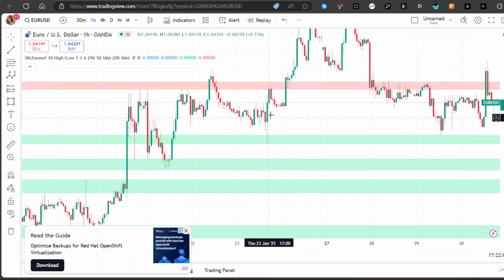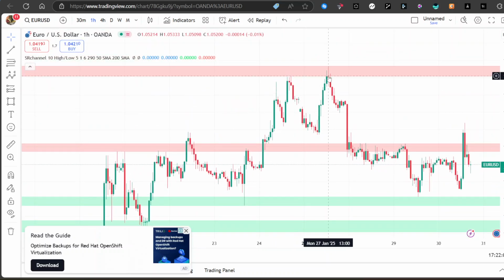Similarly, if price is nearing a resistance and then you spot a bearish pattern, it might be time to sell.